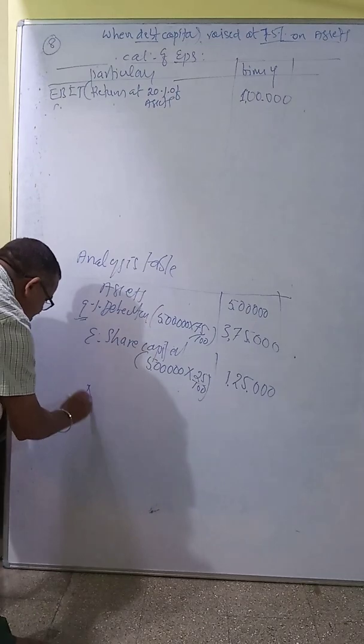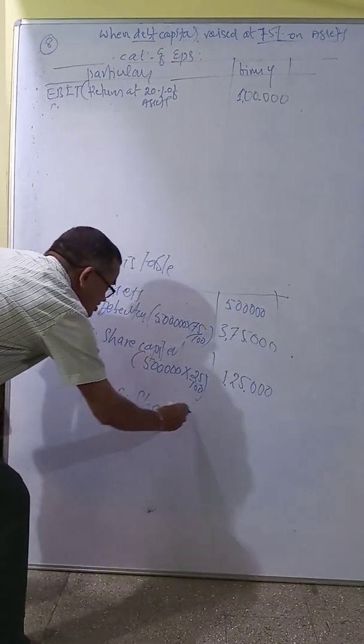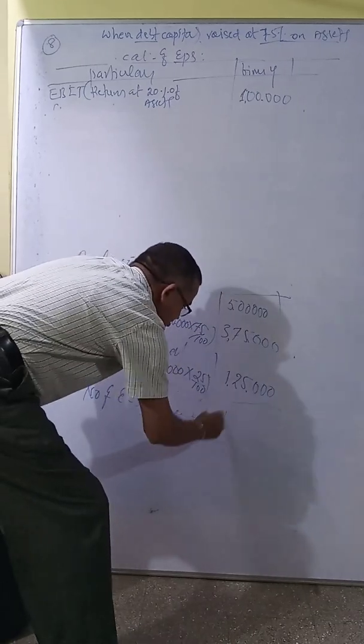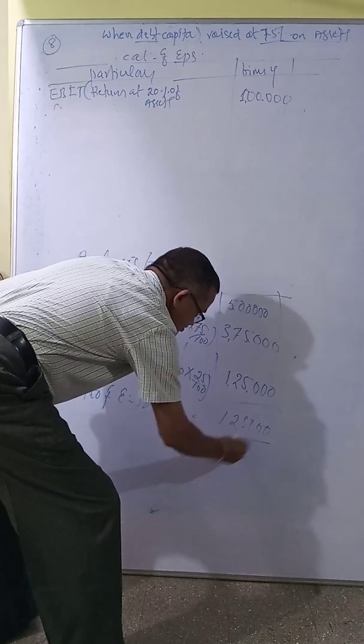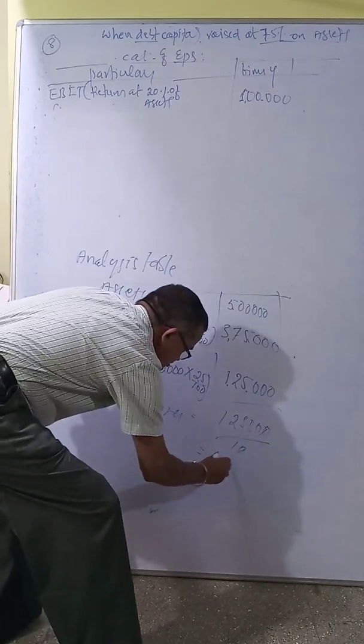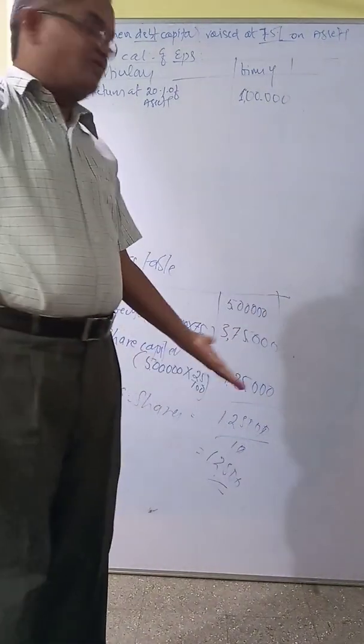The number of equity shares is 1,25,000 divided by 10 each, so 12,500 is the number of equity shares. We want this.